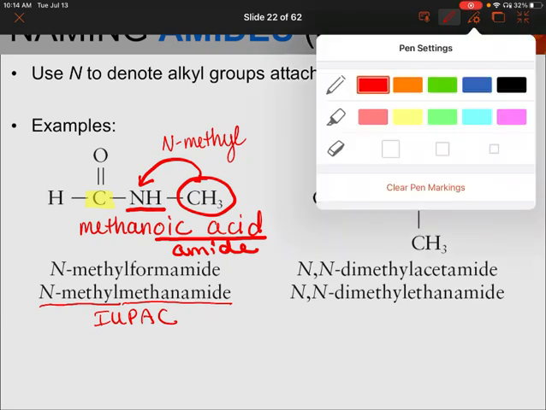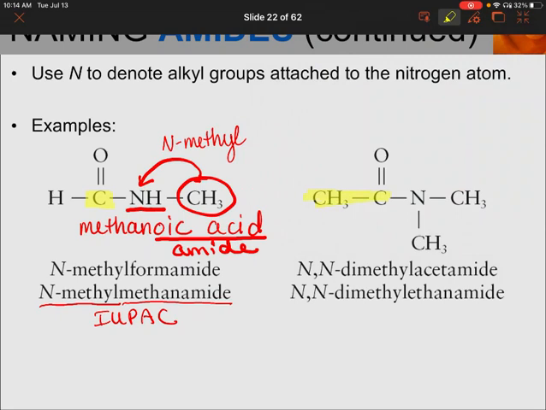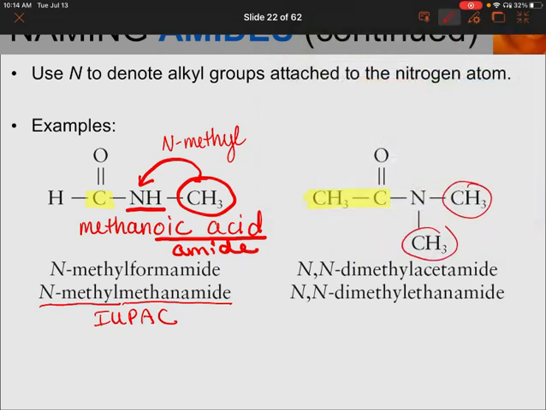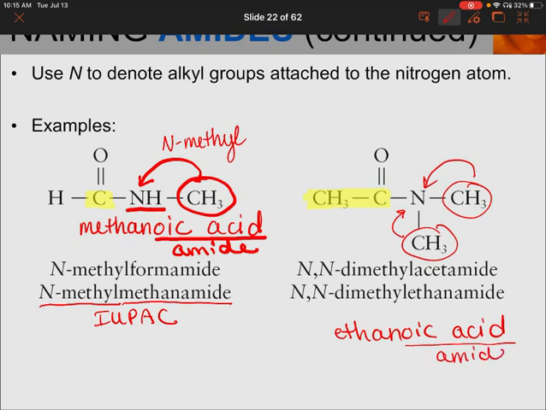Now, in the next example, we have a 2-carbon chain in our amide. And then we have 2 methyl groups bonded to nitrogen. So let's focus on the end of the name. Since there are 2 carbons, normally we would call this ethanoic acid for the carboxylic acid, but we're looking at an amide here, so we're going to replace oic acid with amide.